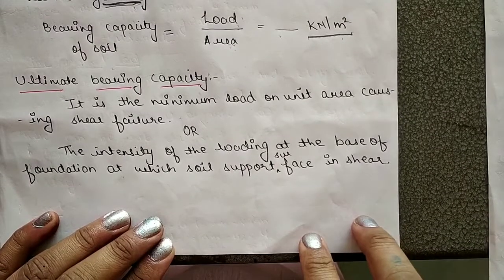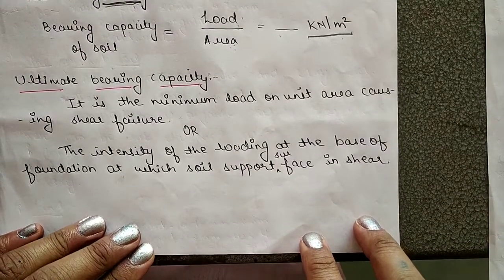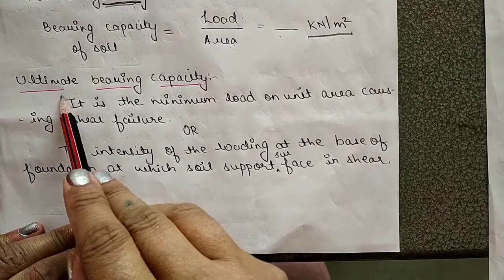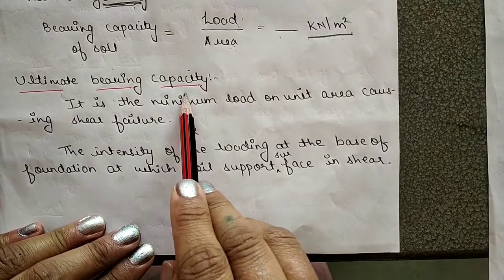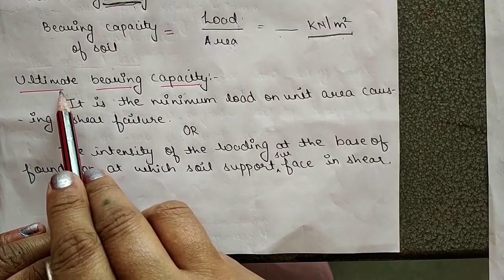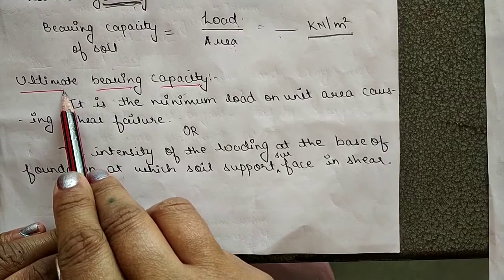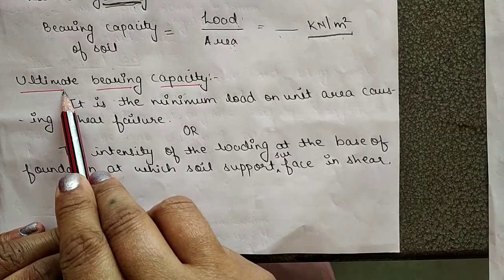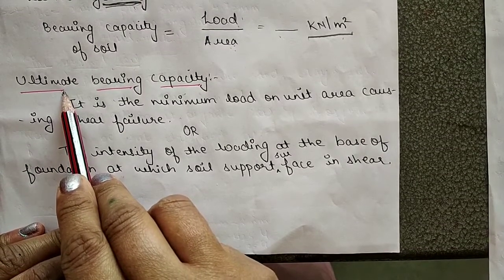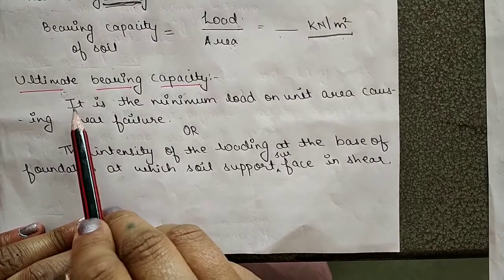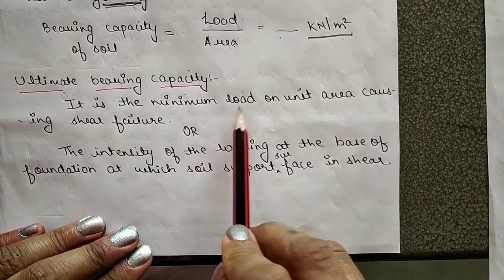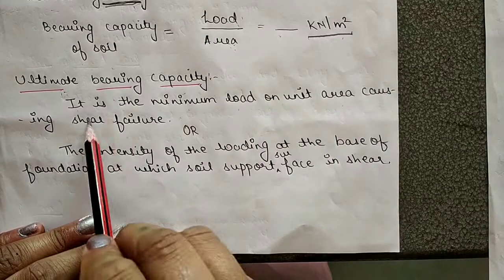After understanding what is bearing capacity, now let us understand the definition of ultimate bearing capacity. Ultimate means failure. What is the capacity of the soil at failure of the soil? The definition is: it is the minimum load on unit area causing shear failure.